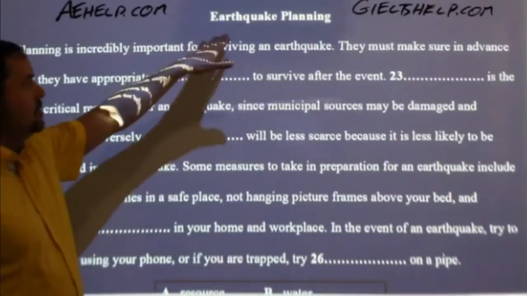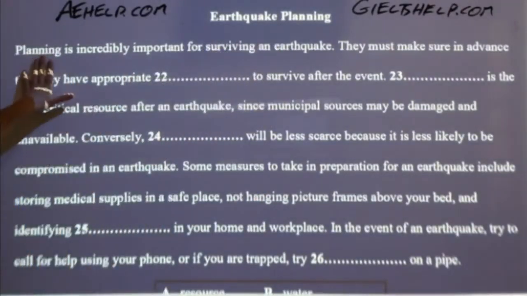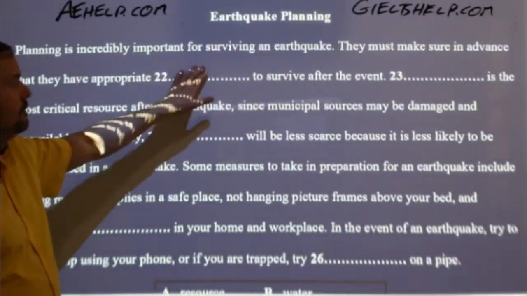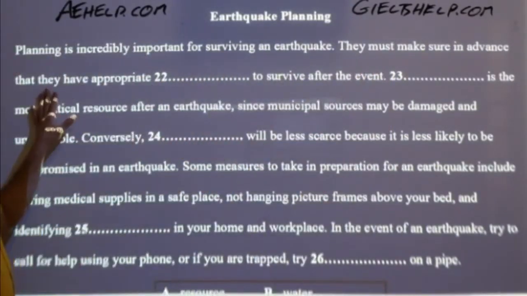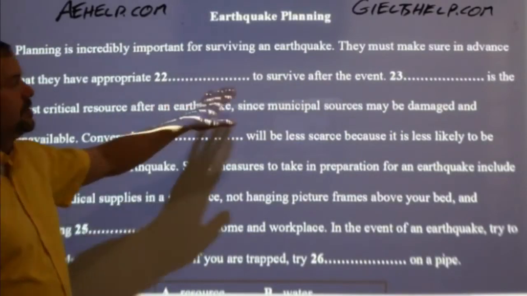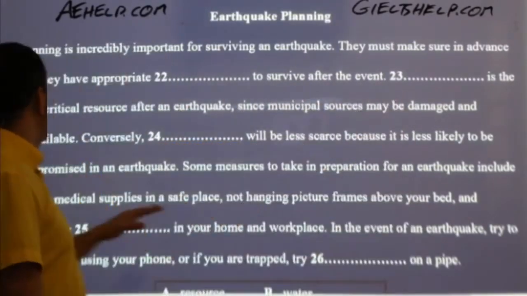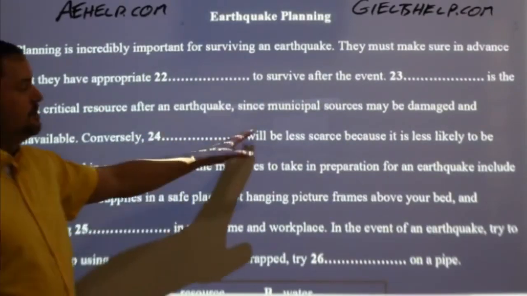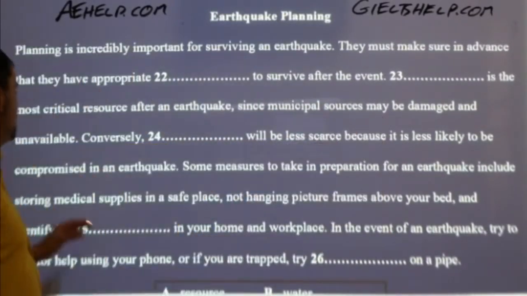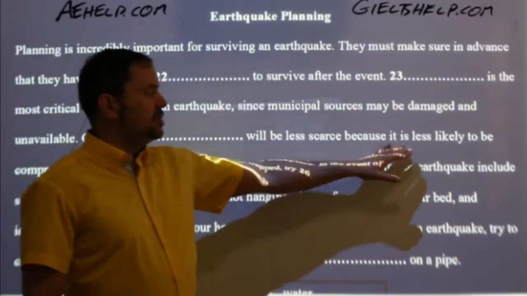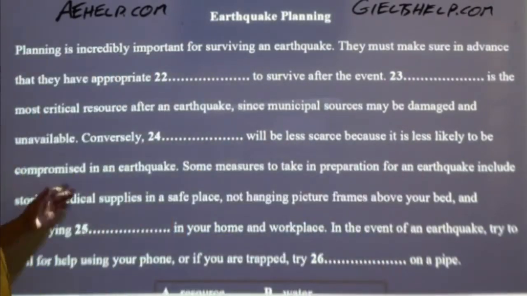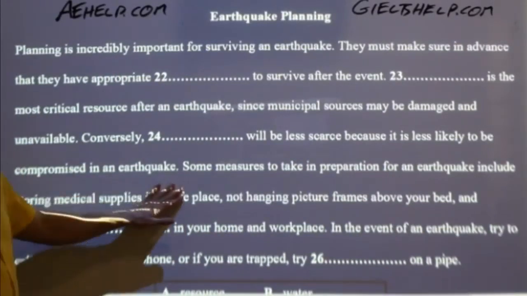So read with me. Earthquake planning. Planning is incredibly important for surviving an earthquake. They must make sure in advance that they have appropriate supplies to survive after the event. Water is the most critical resource after an earthquake, since municipal sources may be damaged and unavailable. Conversely, food will be less scarce because it is less likely to be compromised in an earthquake.